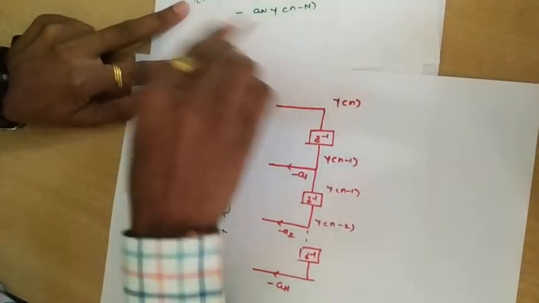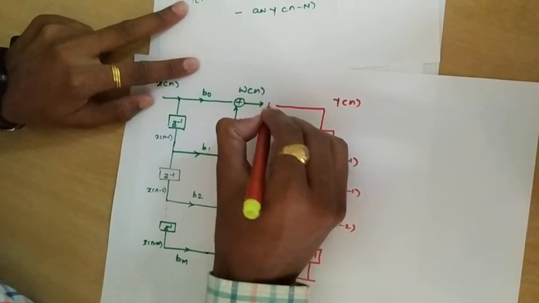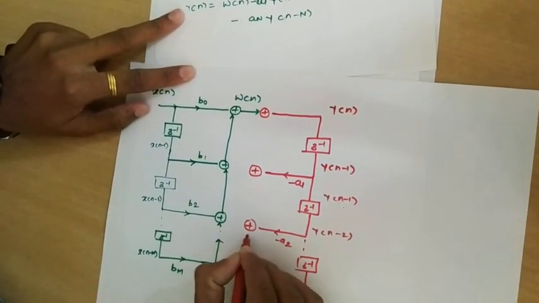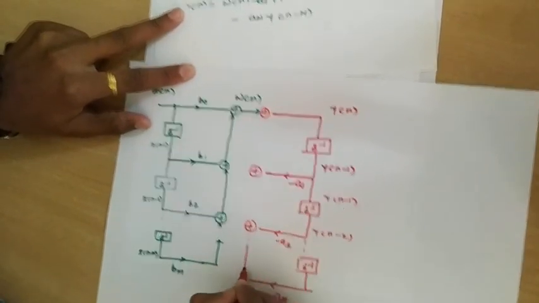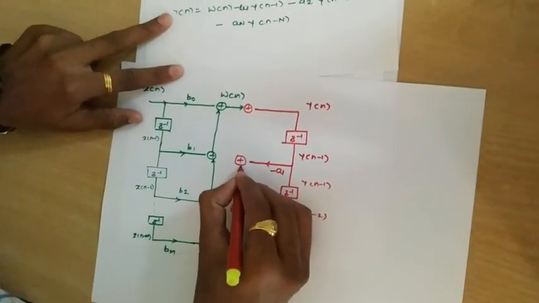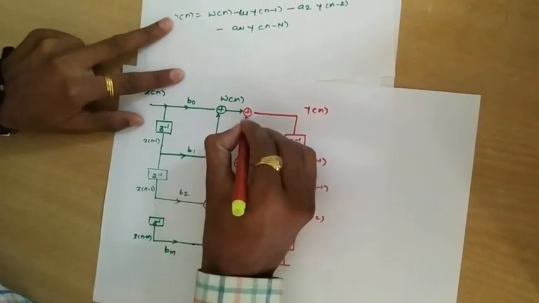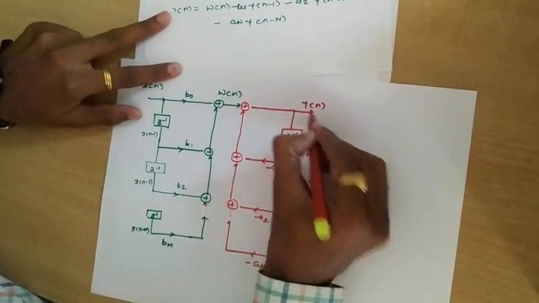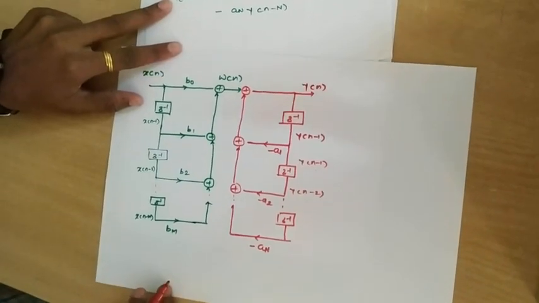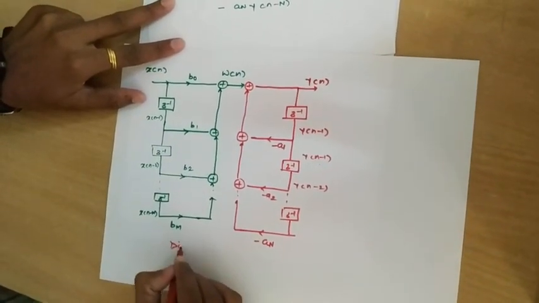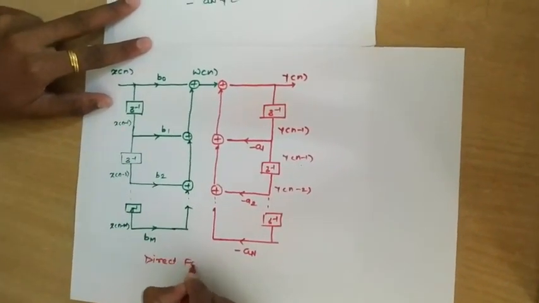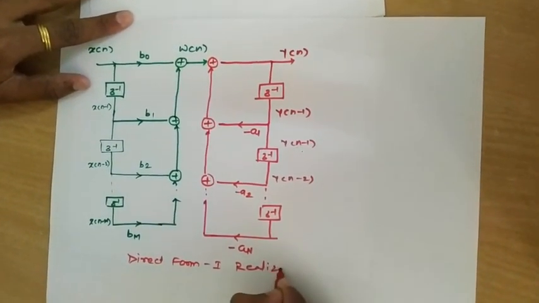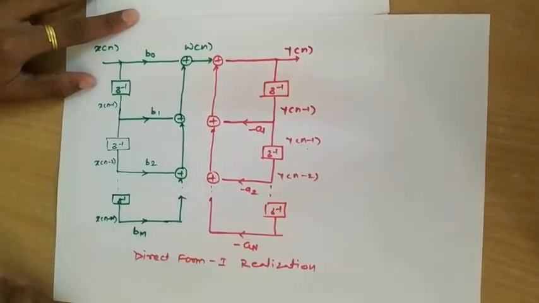Again all these terms are added, so we'll use adders, plus plus plus, and the last term will be added in the same fashion. So this is added, and finally we'll get the term as y of n, and this becomes direct form 1 realization of IIR filter.